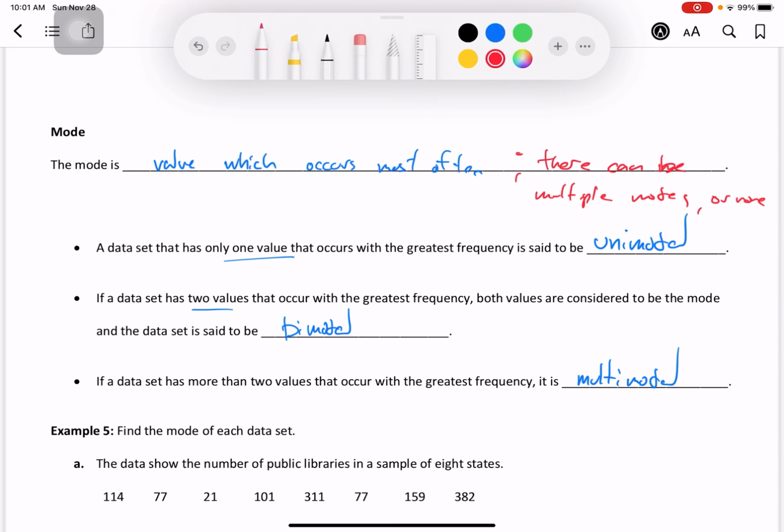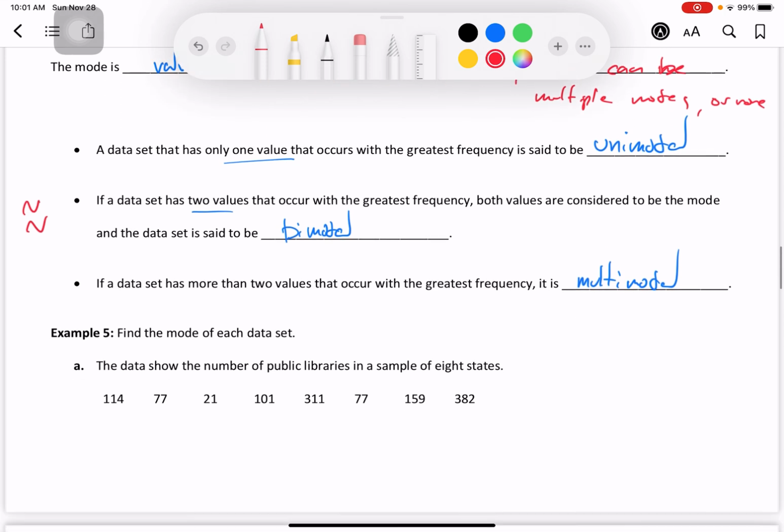If you have like 250 for one frequency and like 253 for a second frequency, they may still call it bimodal or multimodal. Sometimes these are approximations because you're dealing with samples, which are, of course, approximations themselves of populations.